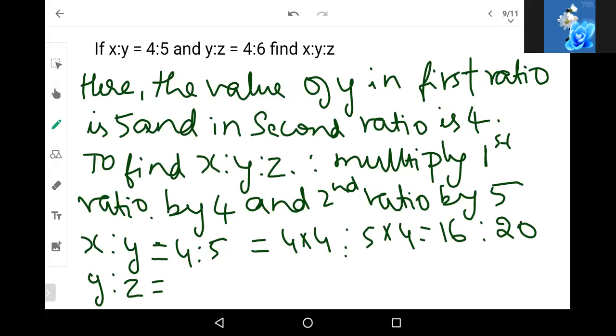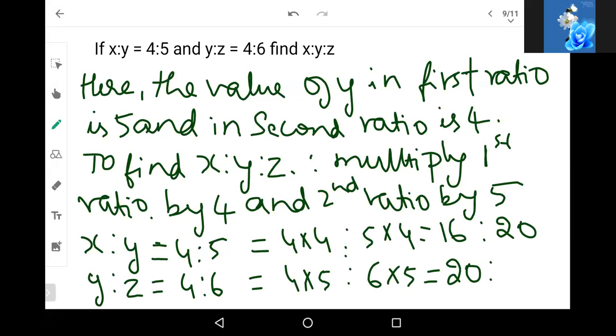Similarly, y is to z, that is 4 is to 6. We are going to multiply this with 5, like how we did for simultaneous equations. So you will have 4 into 5 is to 6 into 5. So 4 5s are 20 is to 6 5s are 30. Okay.